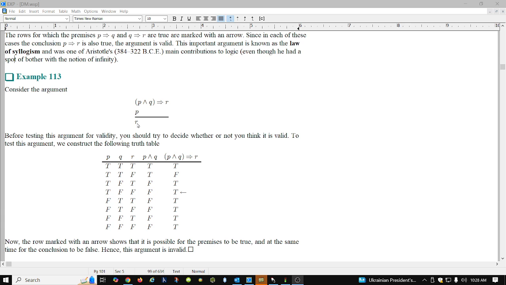But to check it for sure, we have a truth table. And in this case, the row I've marked here, row 4, shows that the premises can be true, and yet the conclusion can be false. And so this argument is invalid.